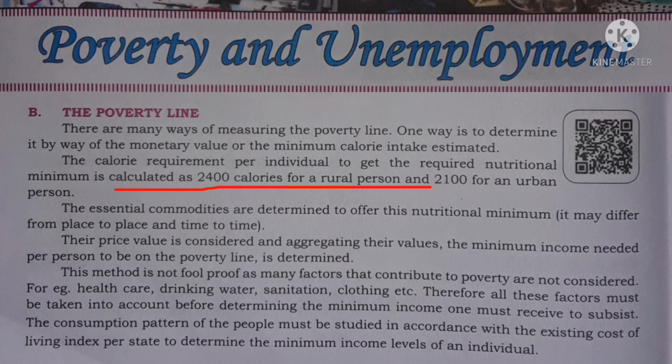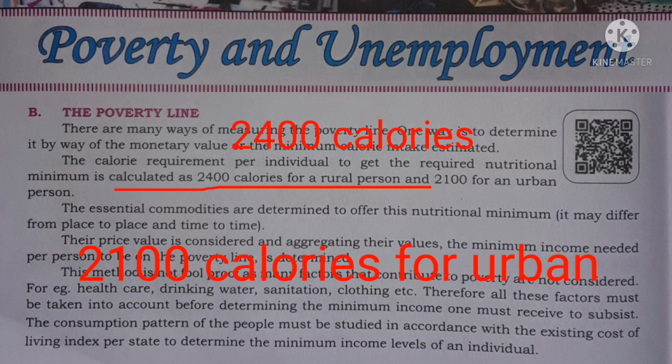The calorie requirement per individual to get the required nutritional minimum is calculated as 2400 calories for a rural person and for an urban person.